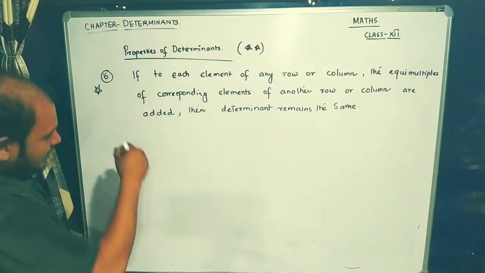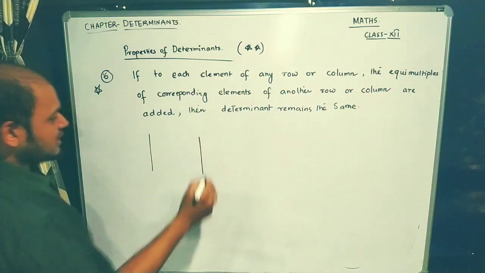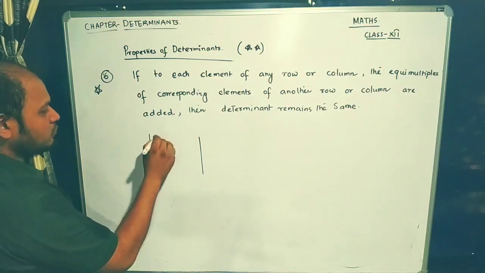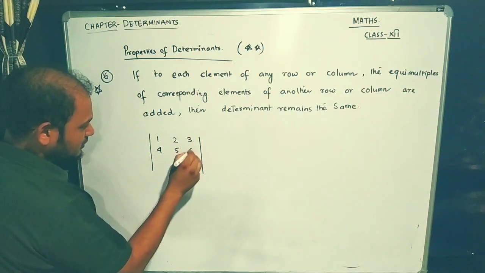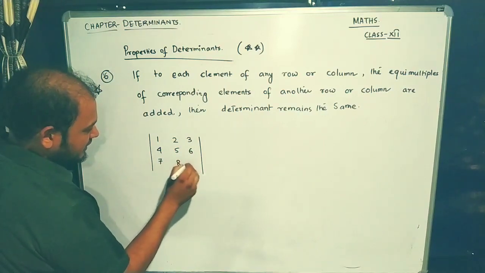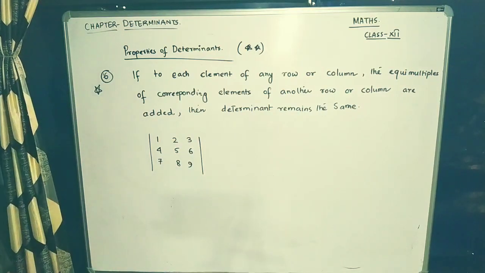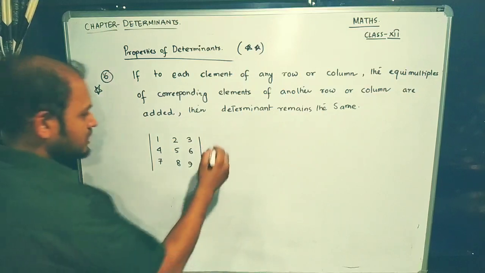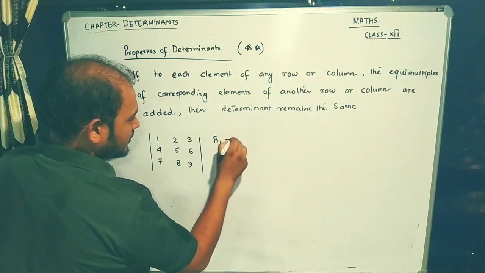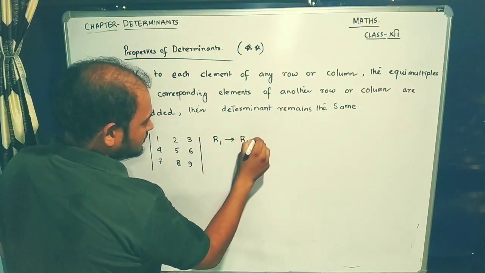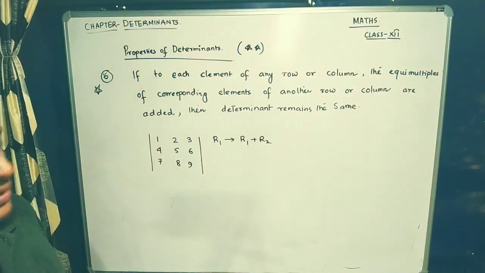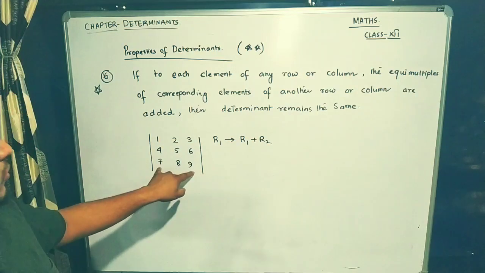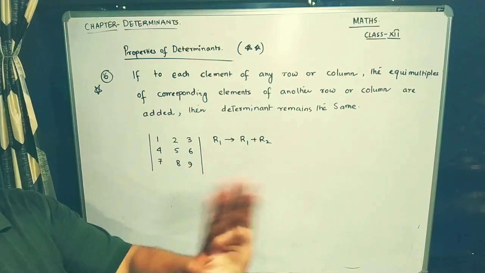Say I have a determinant like this, for example, 1 2 3, 4 5 6, 7 8 9, and then if I perform the operation R1 becomes R1 plus R2. We have done these things several times in our previous classes, right? If I perform this operation on this matrix, then its determinant will not change.